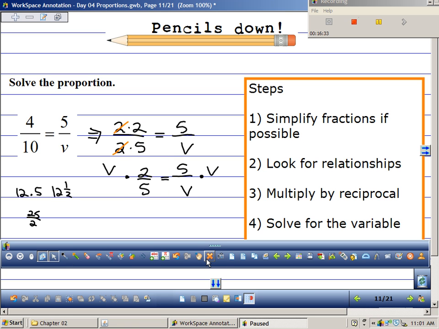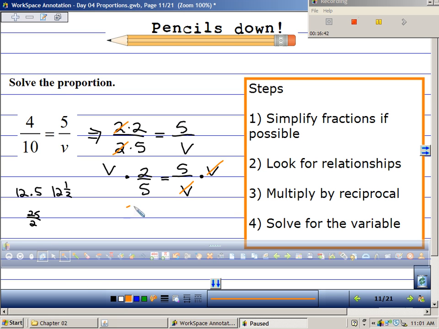Did I put b in the numerator? Check this out. Now I have 2b over 5 equals 5. Correct?